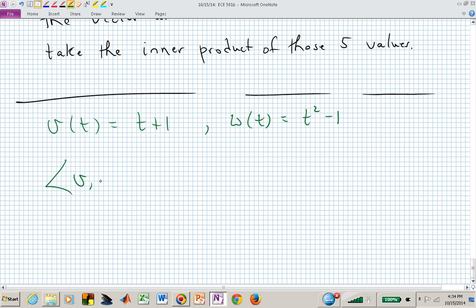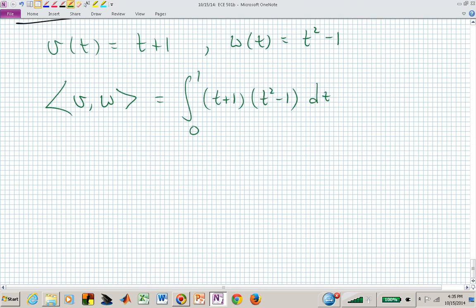Suppose now we have v and w, and we do the integral from 0 to 1 of v times the conjugate of w. But if we're in the set of real second order polynomials, we now have t plus 1 times the complex conjugate of w, which is t squared minus 1, dt.